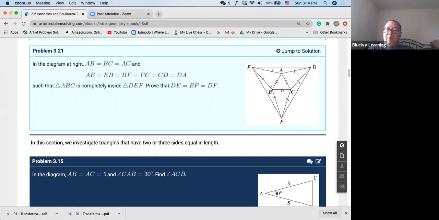So the best option is probably to use this angle and this angle. Let's try to see if these two angles are congruent.